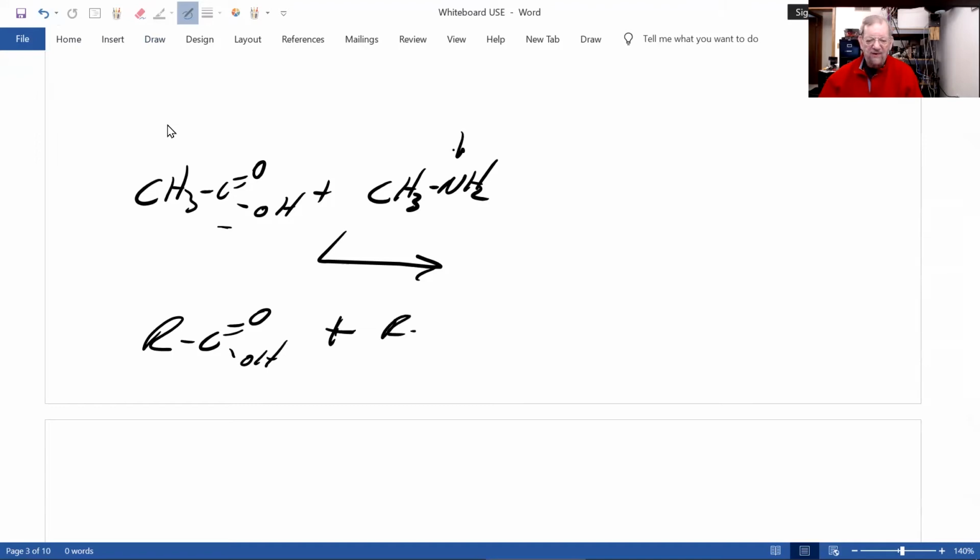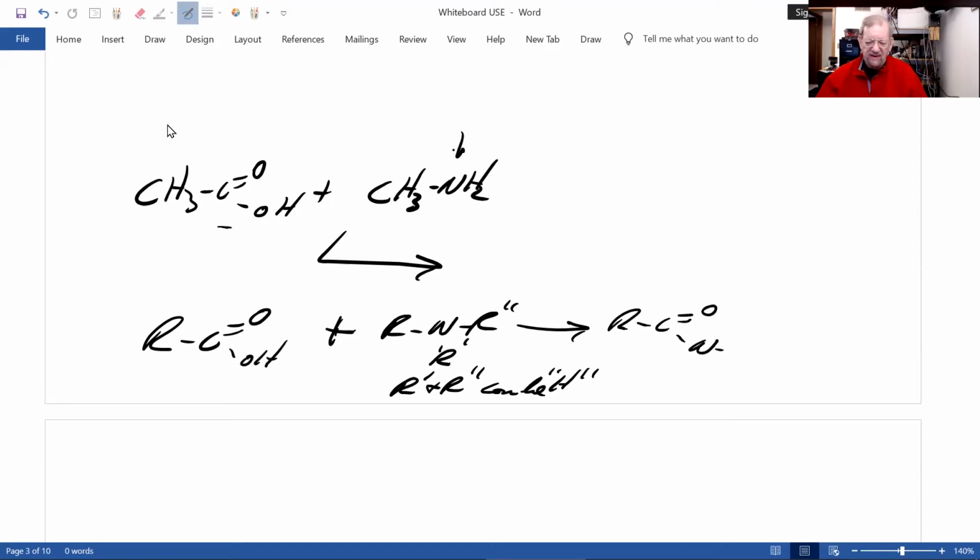We've got an R group and 2 hydrogens, but they could be R and R prime. Remember, R prime, R double prime can be hydrogen. And therefore, if we take this, we'll make an amide. Now you make water, but I'm only asking for the organic compounds.